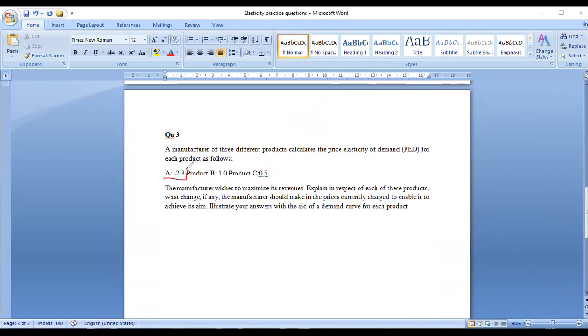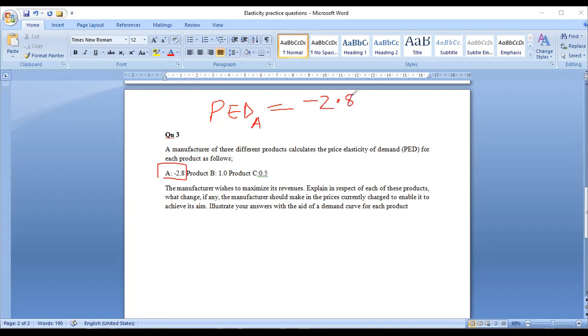Product A gives us a price elasticity of demand of negative 2.8.